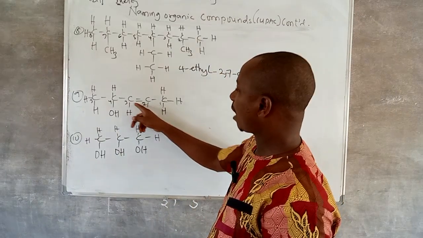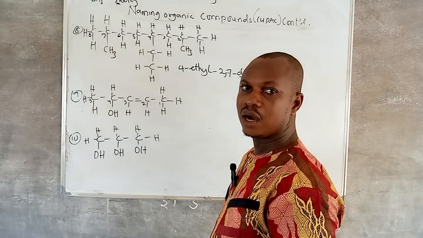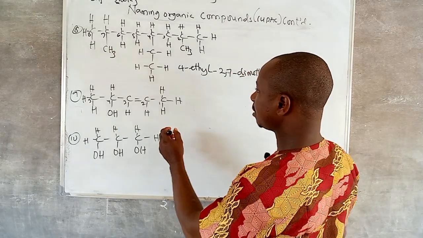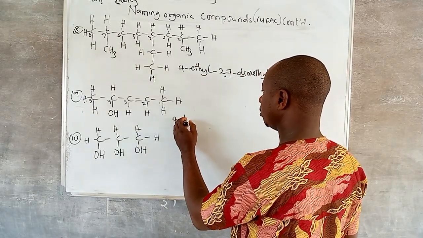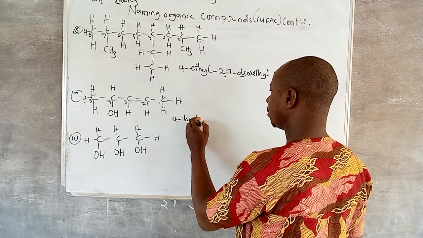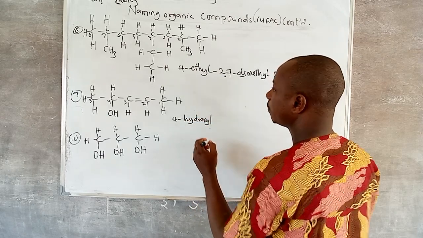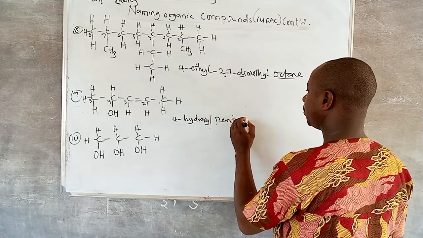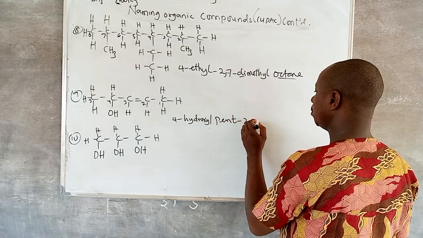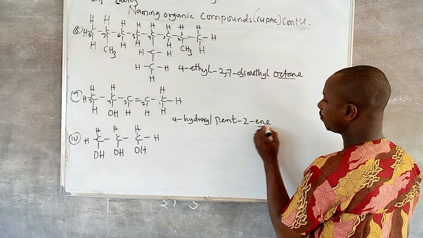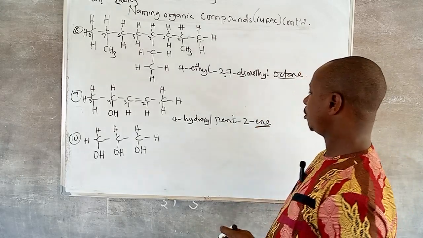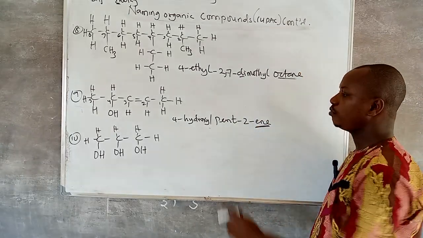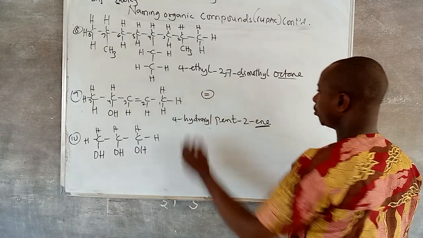Carbon number 2 is the one that carries the functional group. So the name simply means 4-hydroxyl, pent-2-ene. Don't forget the group it belongs to is ENE because of the presence of a double bond.